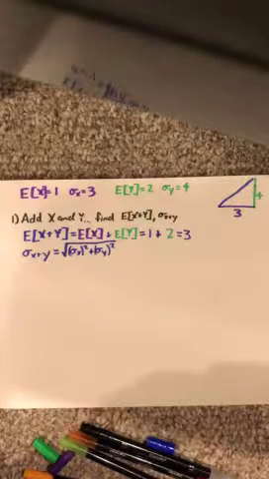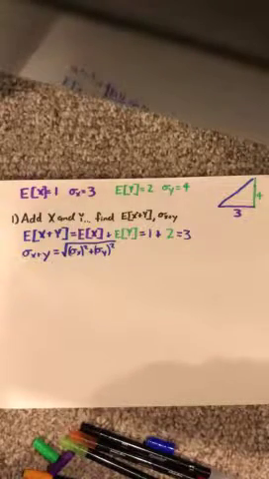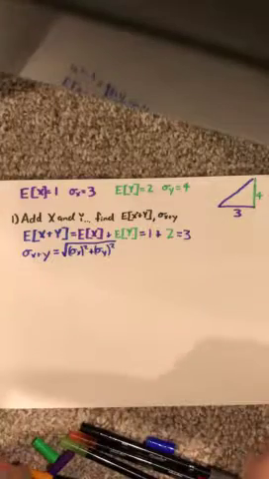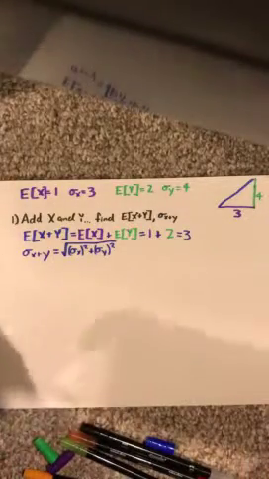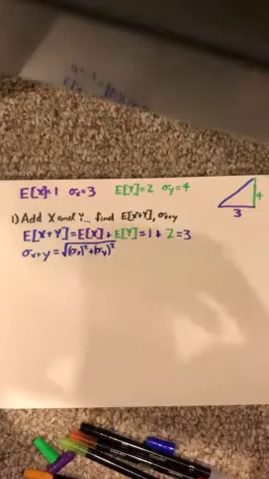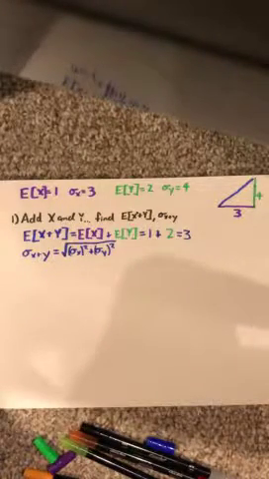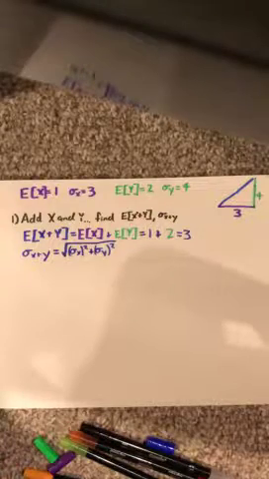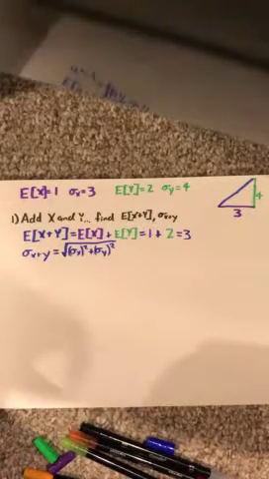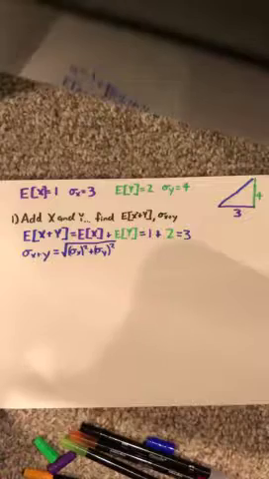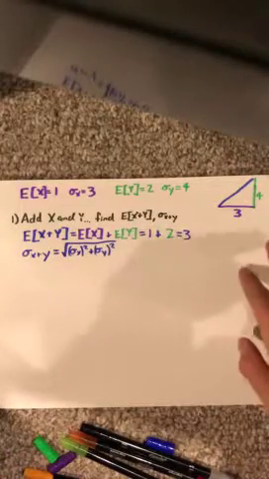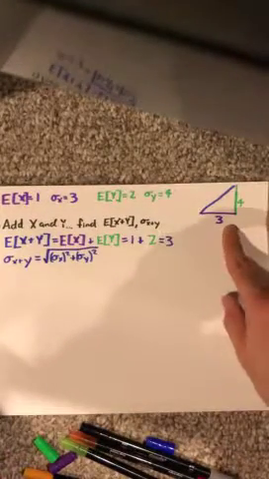And this comes as a little bit of a twist compared to what we were doing with constants. So when we're adding random variables, we need to be very careful when we're calculating standard deviation. You can kind of think of it as a Pythagorean theorem.